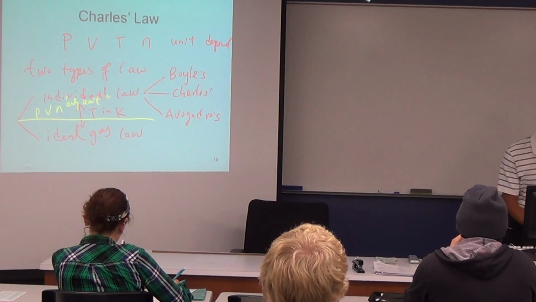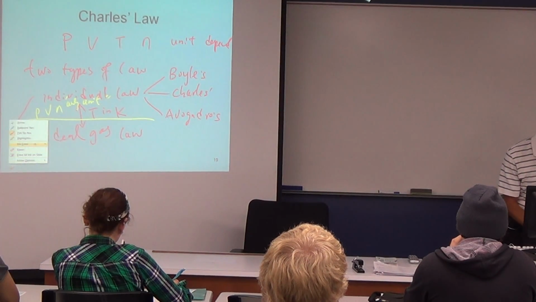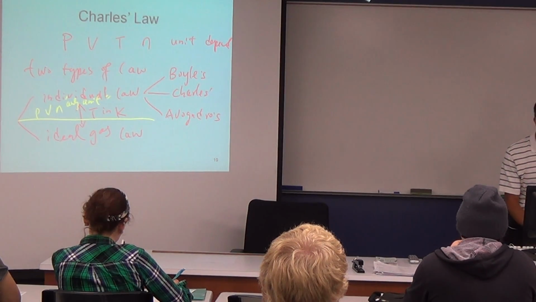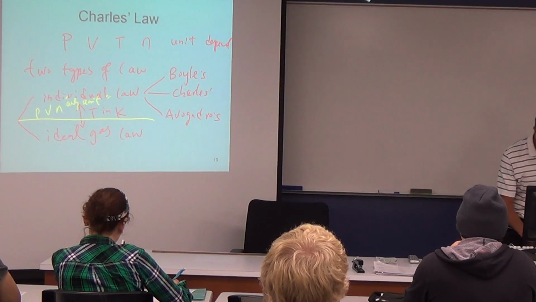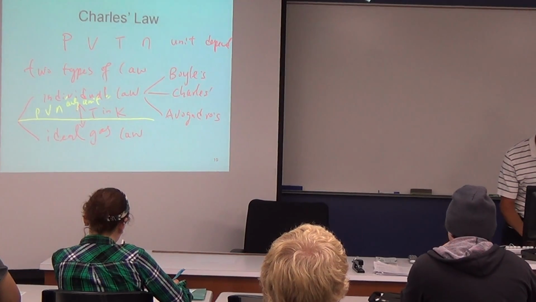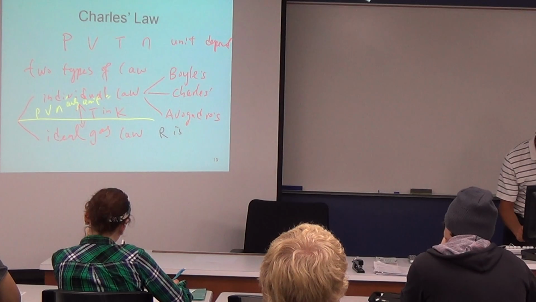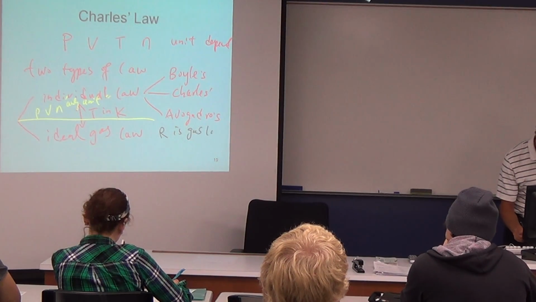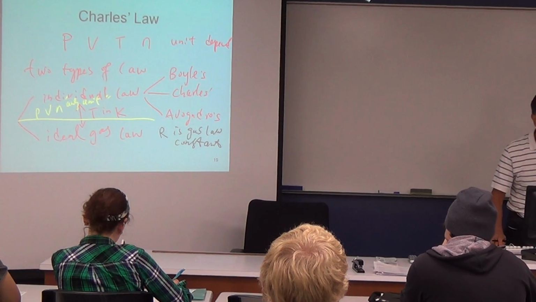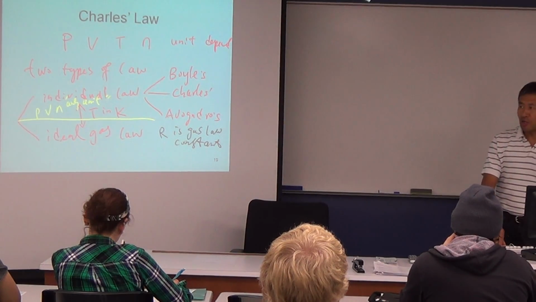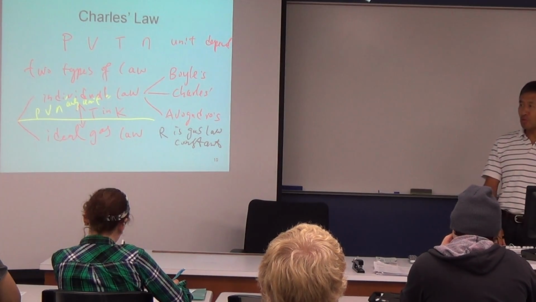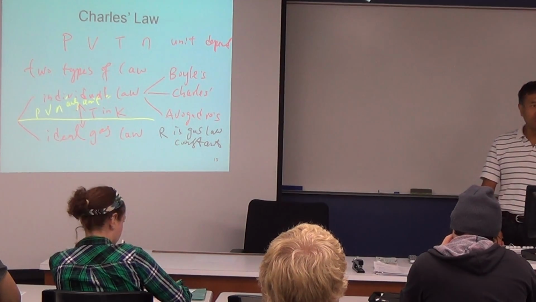For the second law, you memorize that it depends on the R. R is the gas law constant, and constant is relative because depending on the unit you will have different numbers.